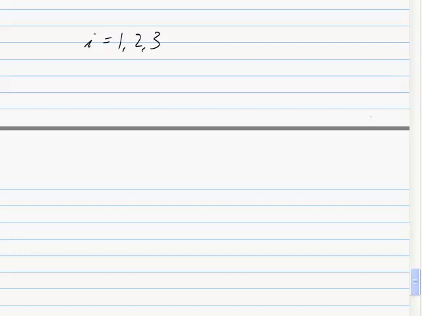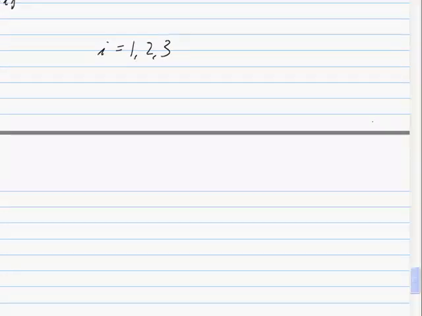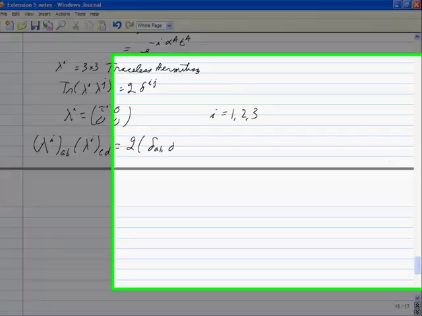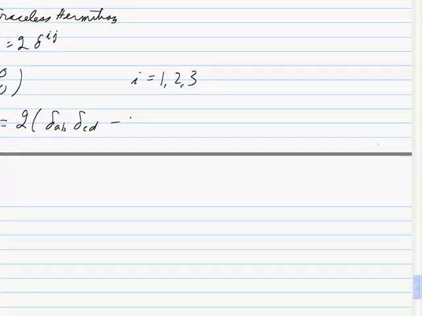We don't really need too much of this, except my little favorite identity: lambda i ab lambda i cd is 2 delta ad delta cb minus 1 over n delta ab delta cd. Sorry, I had that backwards.